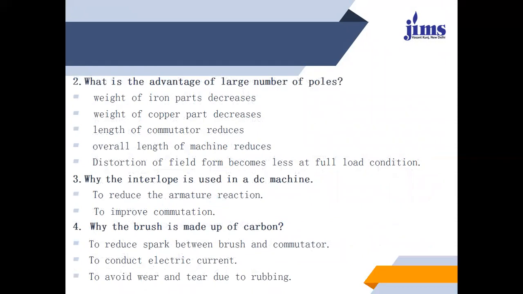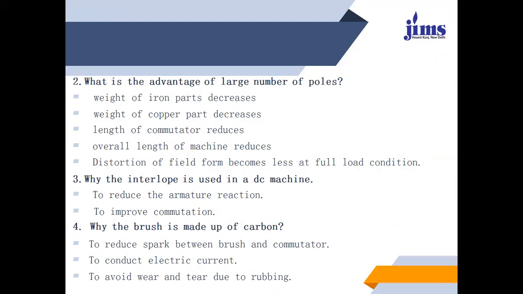So what is the advantage of a large number of poles? Weight of iron parts decreases, weight of copper parts decreases, length of commutator reduces, overall length of machine reduces, and distortion of field form becomes less at full load condition.